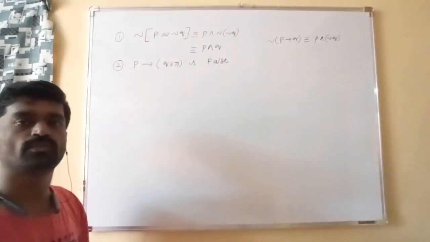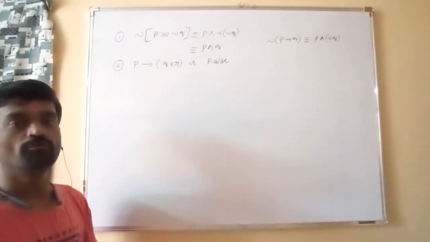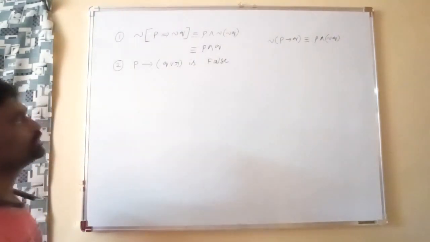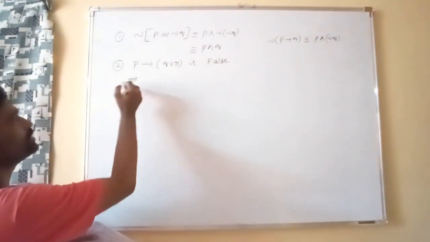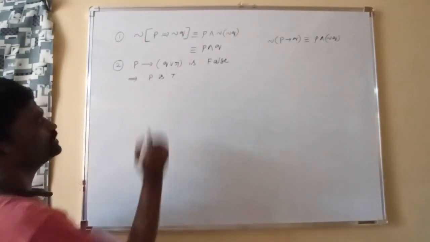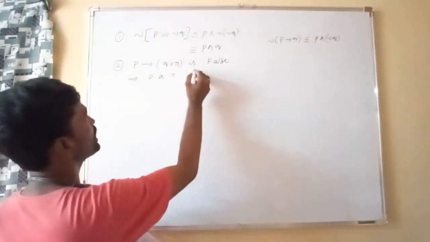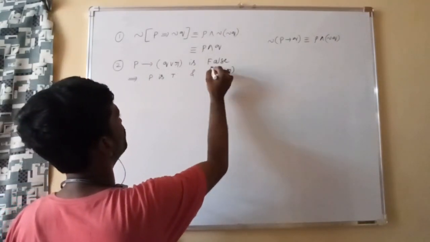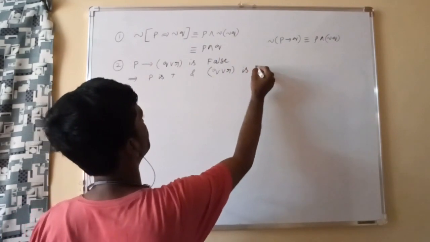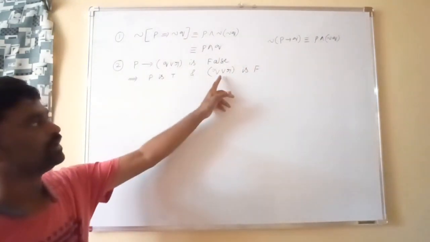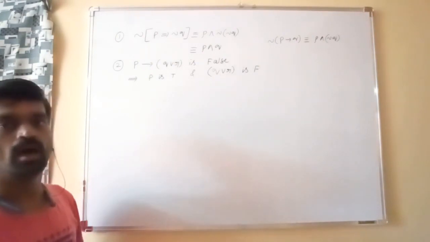The conditional statement is false in only one case, that is, the first component must be true and the second component must be false. So the first component must be true means P must be true. And the second component, Q or R, must be false. So in Q or R, the logical connective is or. In or, what is the rule?